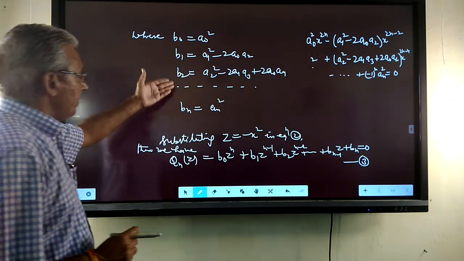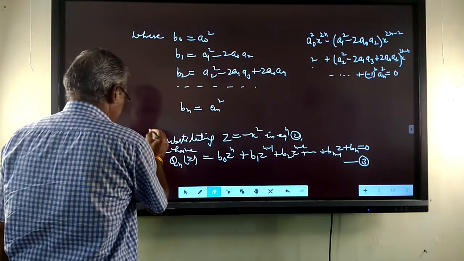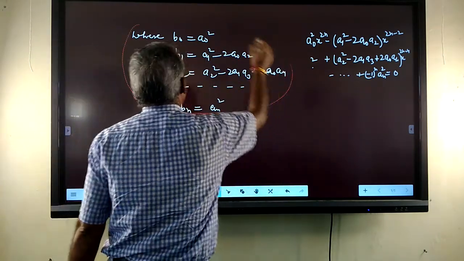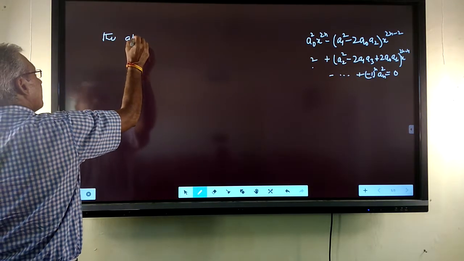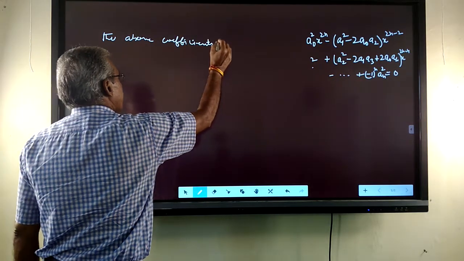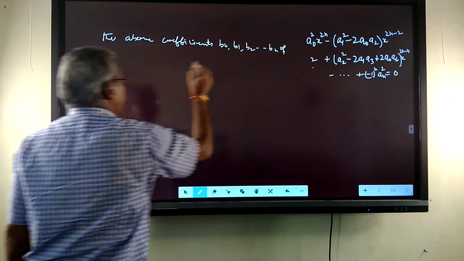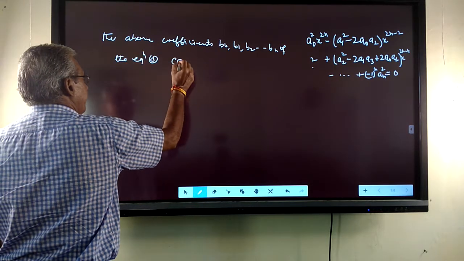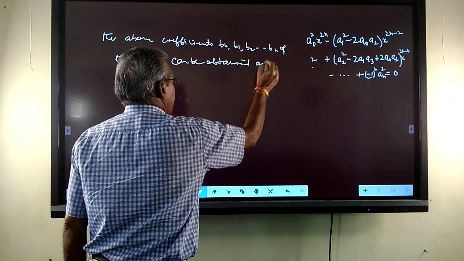The coefficients b0, b1, b2 and so on bn of the third equation can be obtained as follows.